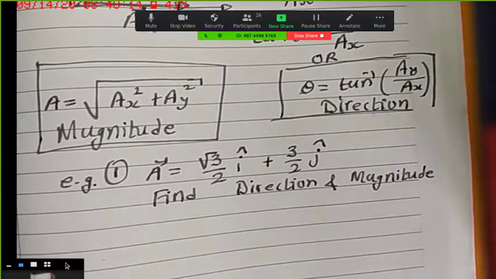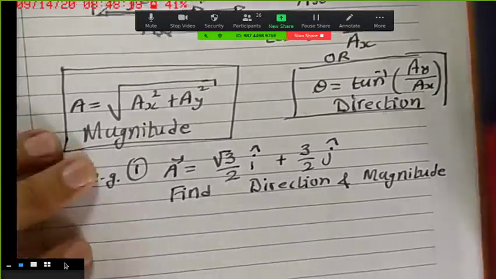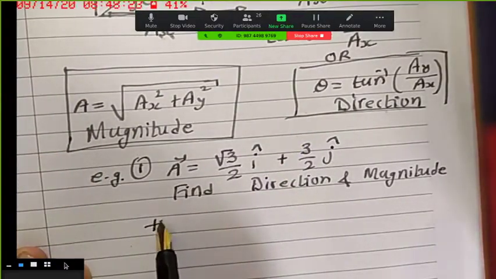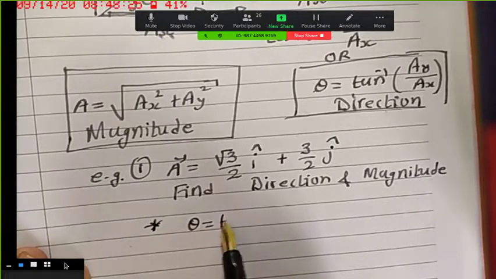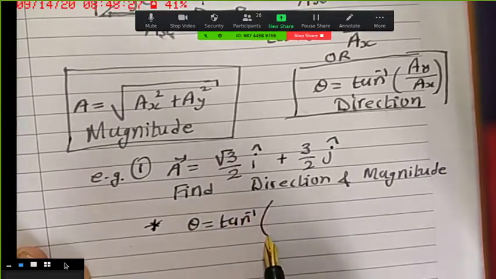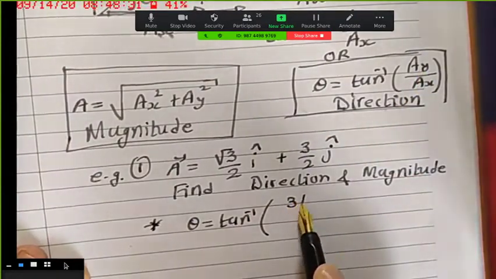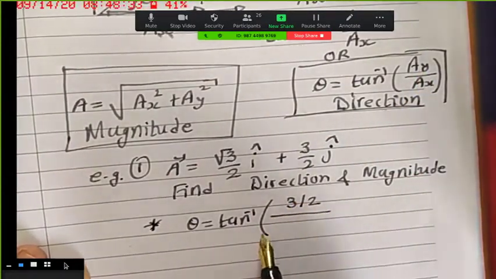Now, after spending 10 minutes on a silly thing, let's solve it. Finding direction. Theta equals tan inverse of AY, which is 3 by 2, upon AX. What is AX here?